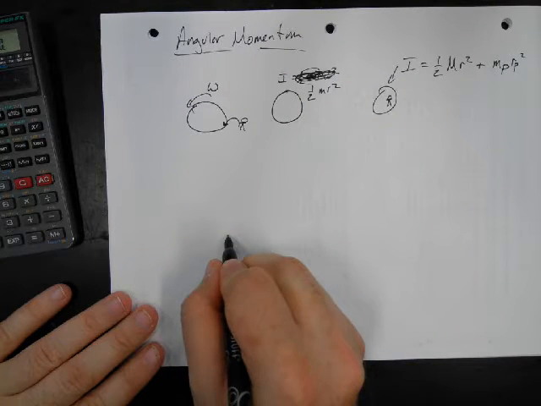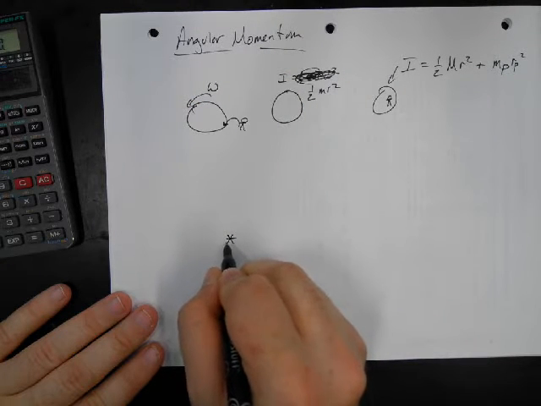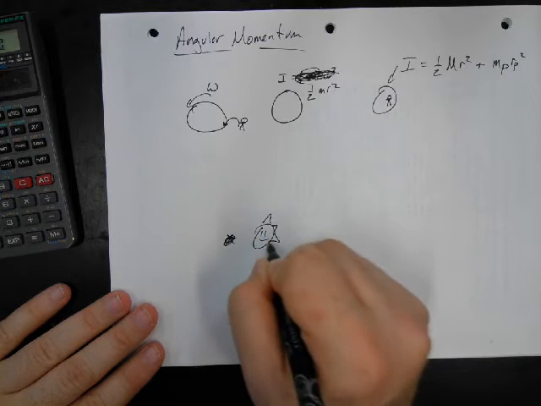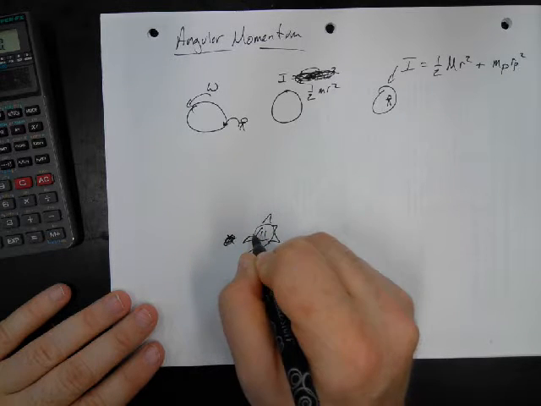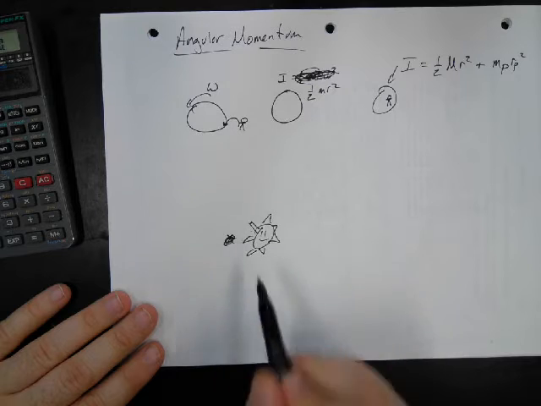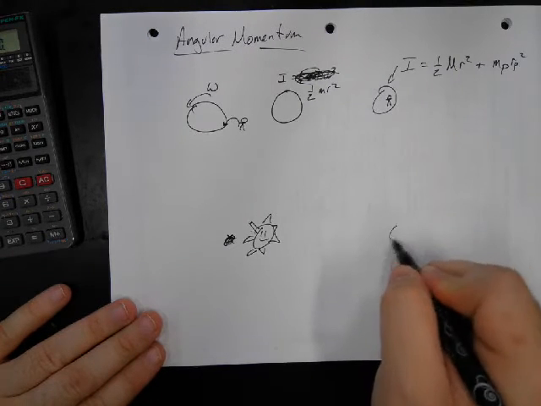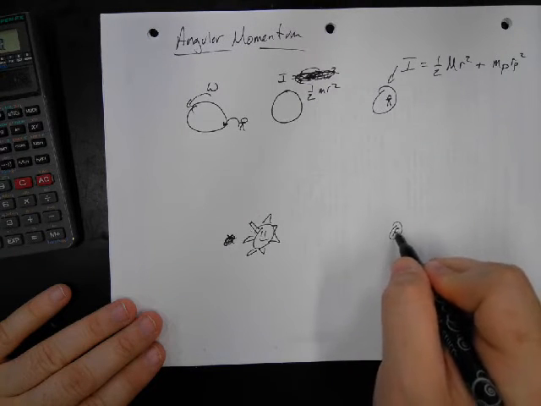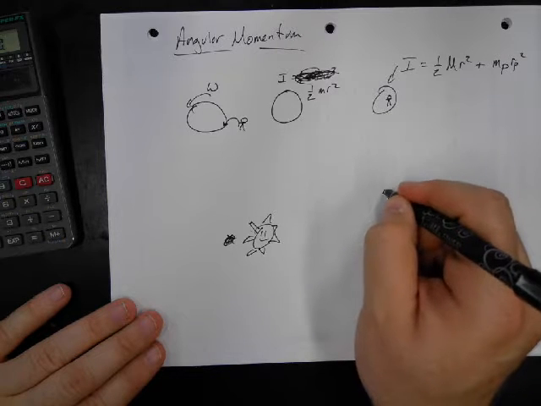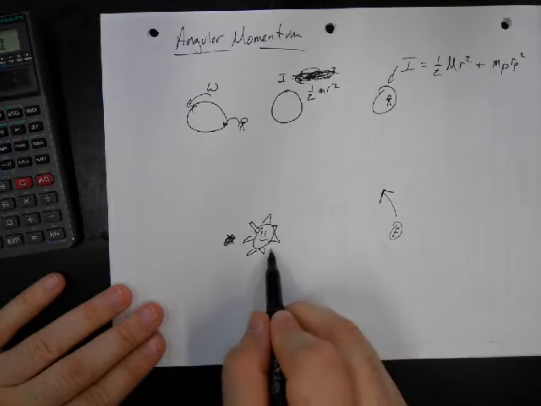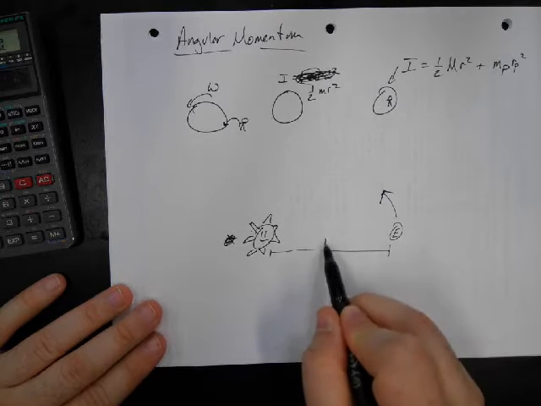Let's talk about the sun. There's the sun. You should always draw the sun with solar rays coming off of its little triangles and a little smiley face. Here's the Earth. The Earth is going around like this, and we can pretend it's a point particle. So there's a distance r.